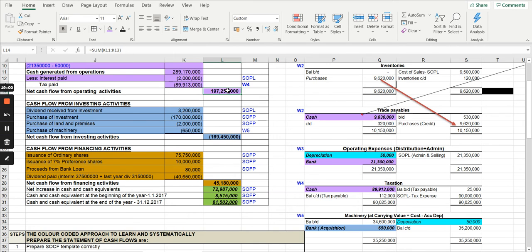The total from section 1, which is cash flow from operating, section 2, cash flow from investing, and section 3, which is cash flow from financing, must tally with the net increase in cash and cash equivalent. Let's check whether that is the same or not.